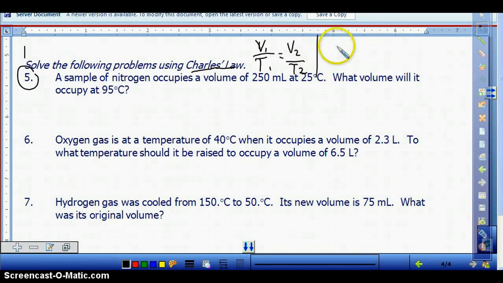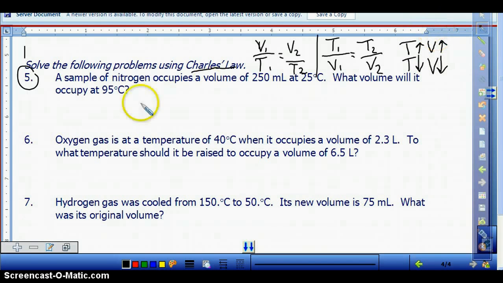And this may come in handy at some point. You can also write it the other way, T1 over V1 equals T2 over V2. Directly means one increases, so does the other. So if T increases, V increases. If T decreases, V does the same.